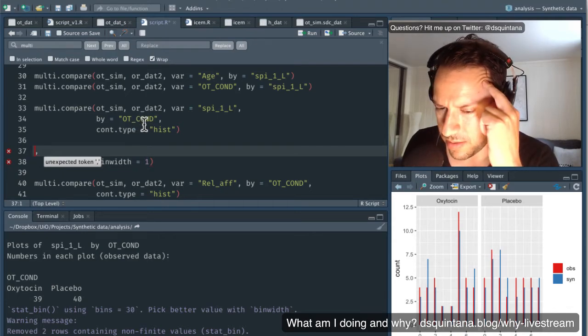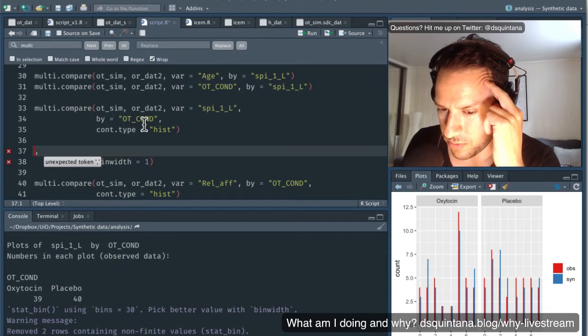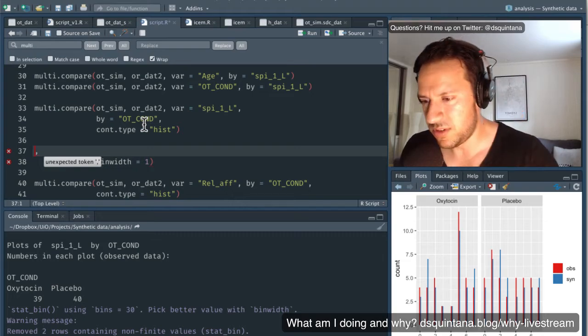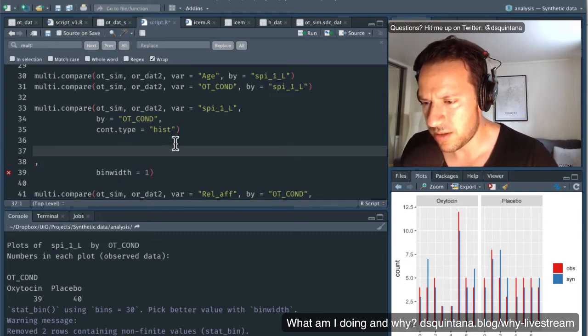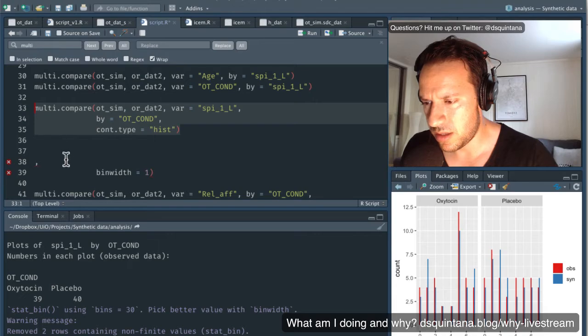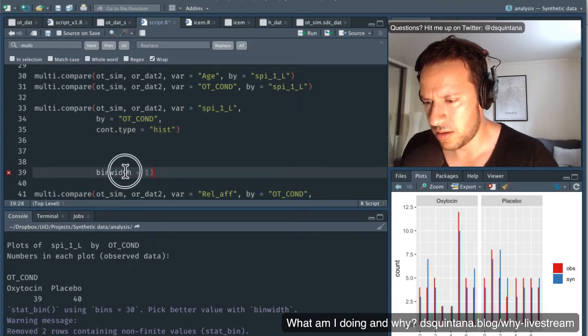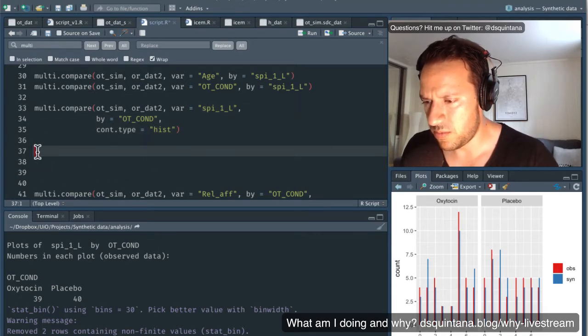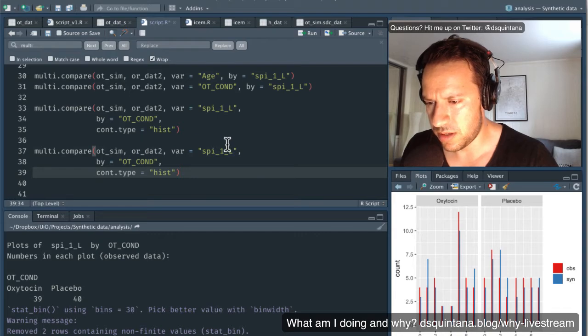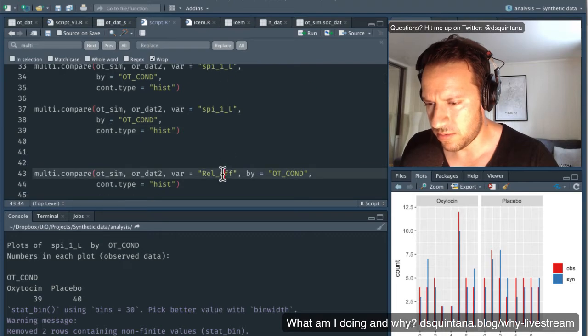So that is the main outcome we're interested in. We also want to make sure that there wasn't any sort of weird effects of religious affiliation between oxytocin and placebo. So let's run the same thing. And then we can report. Religious affiliation. Where'd you go? Yep. There.